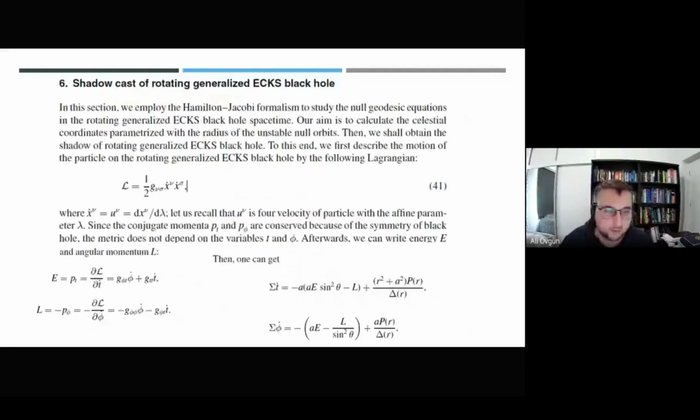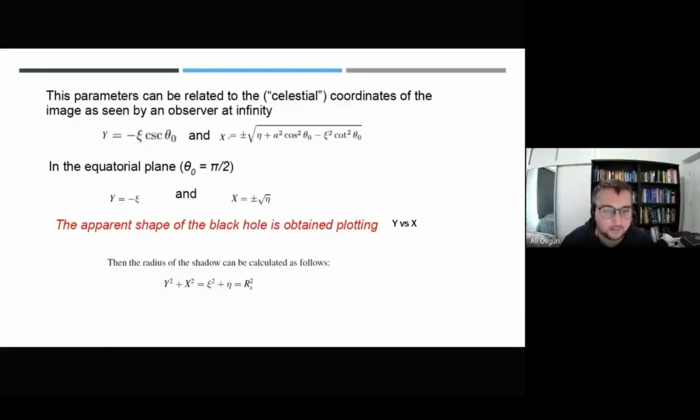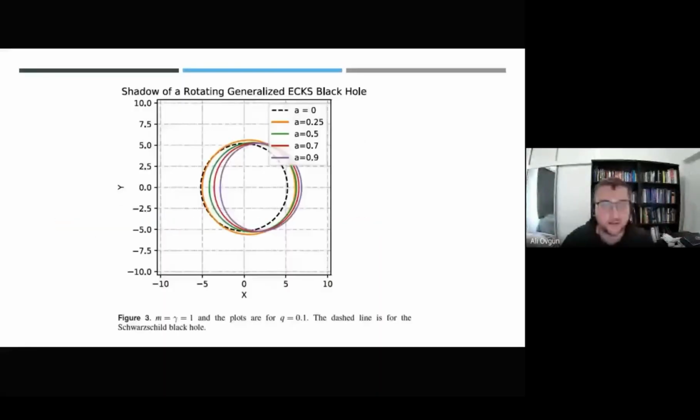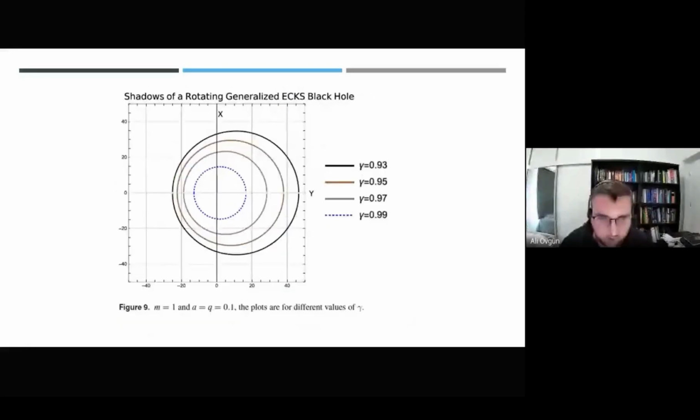So let's go to the conclusion. Here we see the effect of gamma on the shadow of the rotating generalized ECKS black hole. The region in angular momentum space is occupied by the photon orbits for particles in parabolic orbit or photons incident upon a black hole from infinity. The left and right sides of the figure show the prograde and retrograde circular photon orbits.